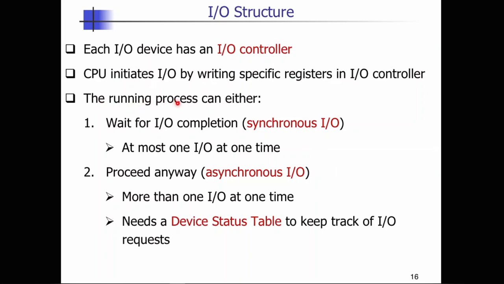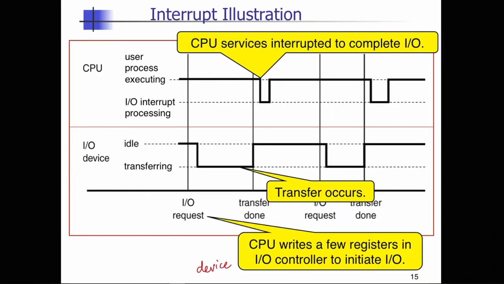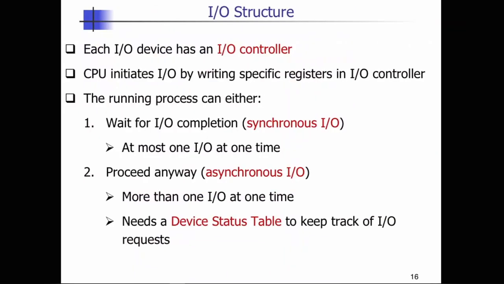The running process, whatever process is currently being executed, can either wait for that I/O to complete. We call that synchronous I/O, which means that I will have to wait for that I/O to complete, and I cannot use the CPU to do any other thing during that time. So, which is going to make things slow.